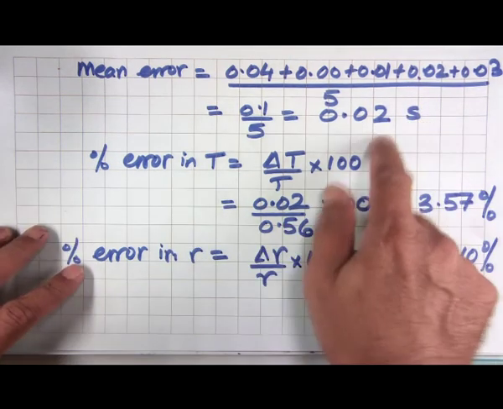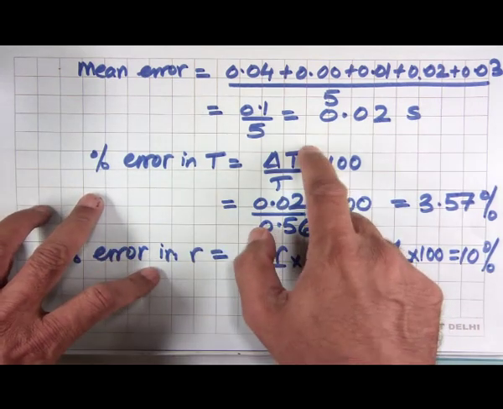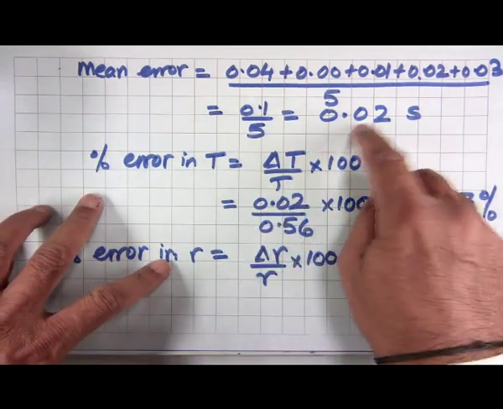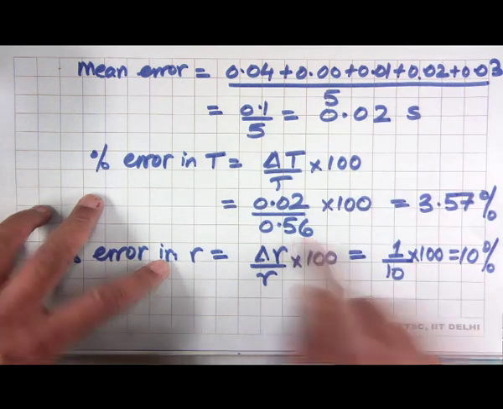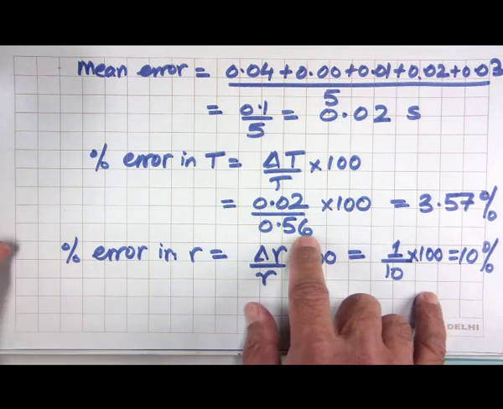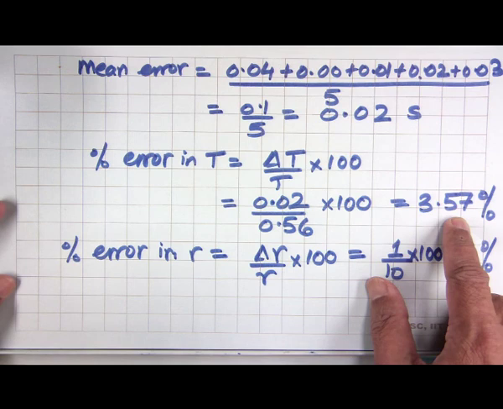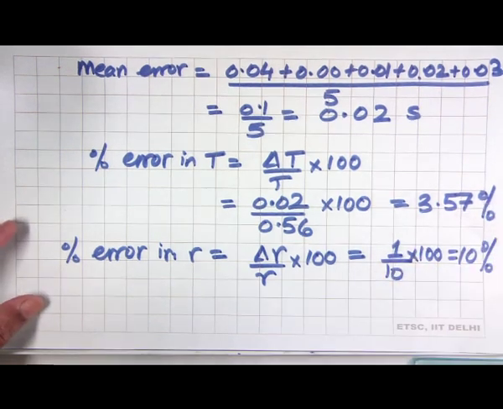Now, once we know the mean error in t, the percentage error in t will be delta t by t into 100, which is 0.02 divided by the value of t, which is t mean, so divided by 0.56 into 100, and when we calculate this percentage, it comes out to be 3.57%.